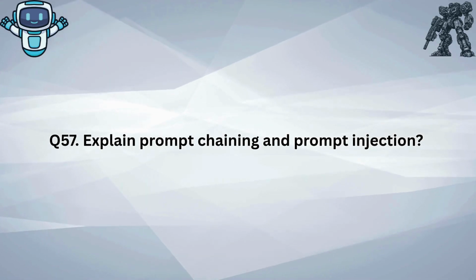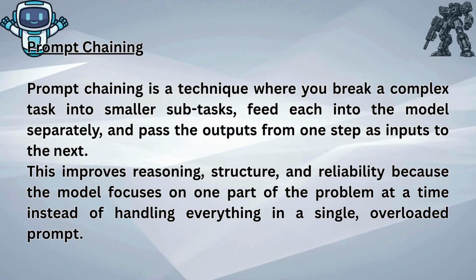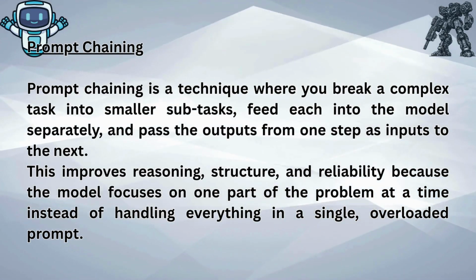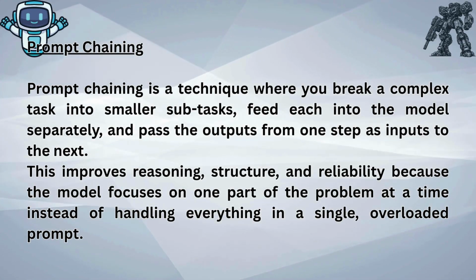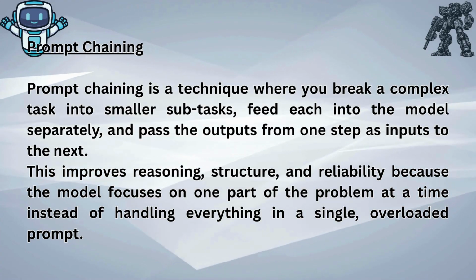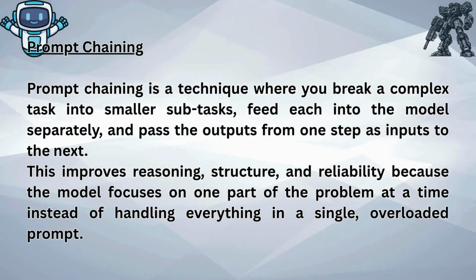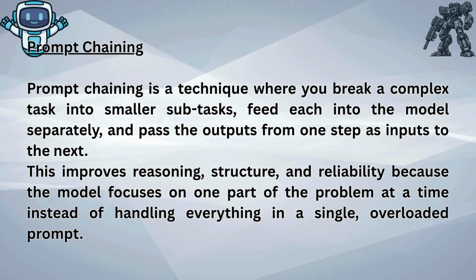Explain prompt chaining and prompt injection. Prompt chaining. Prompt chaining is a technique where you break a complex task into smaller subtasks, feed each into the model separately, and pass the outputs from one step as inputs to the next. This improves reasoning, structure, and reliability because the model focuses on one part of the problem at a time instead of handling everything in a single overloaded prompt.